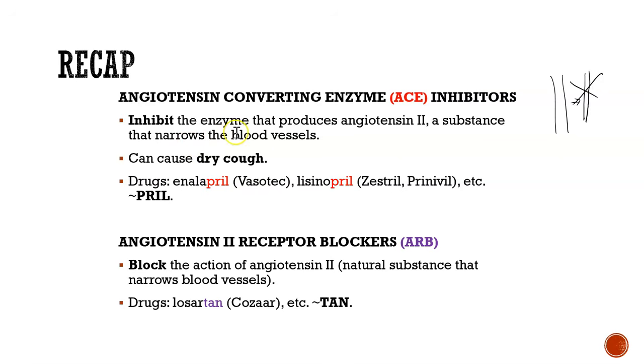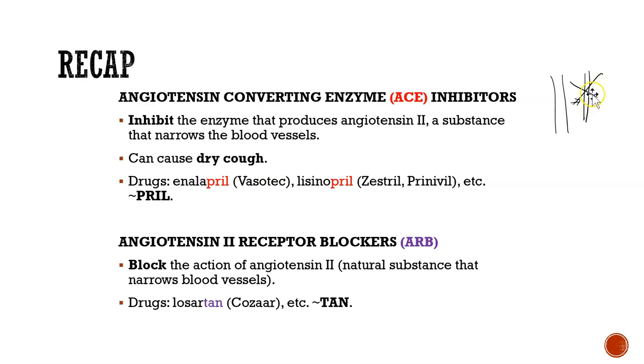It inhibits the narrowing of the blood vessel. So this drug inhibits the enzyme, and the enzyme makes this thing called angiotensin 2. And angiotensin 2 causes the narrowing of the blood vessel, which we do not want, because if that happens, our blood won't pump as effectively, and we will get high blood pressure.